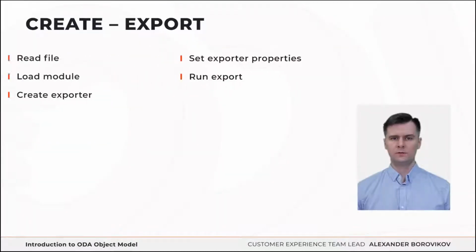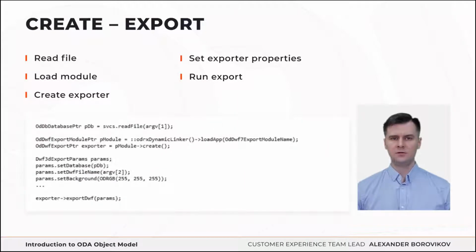Export works almost the same, but at the initial stage, you have a database that includes some data. All the rest of the steps are the same. You load an export module and create an exporter. Then it is necessary to set the parameters and run the export.